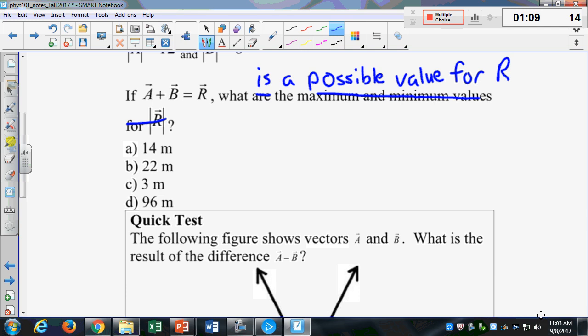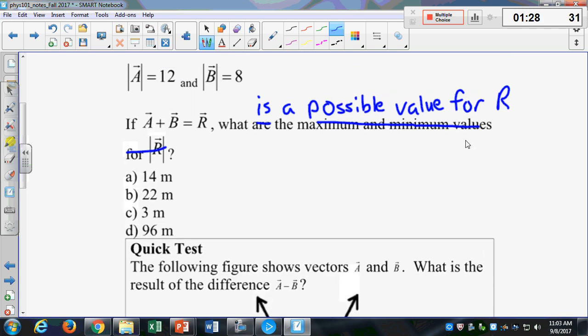And that's correct. But you're thinking a little bit too much about this. That's not really what we're asking. But that's awesome. But here I have 2 vectors. One is 12 and one is 8 units long. What of these, 14, 22, 3, or 96, which of these is a possible solution for R?